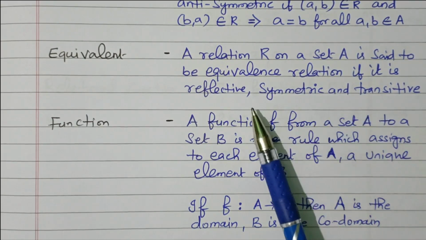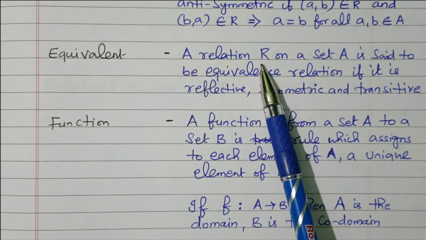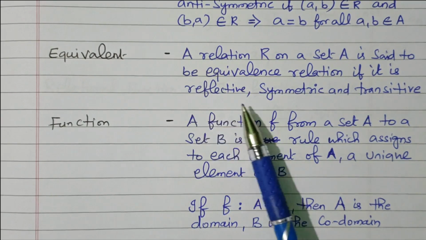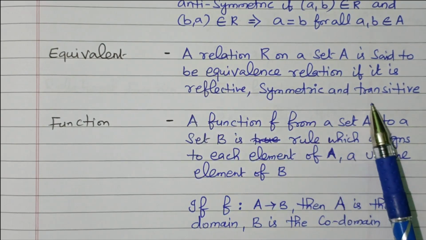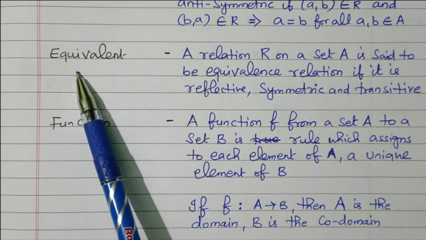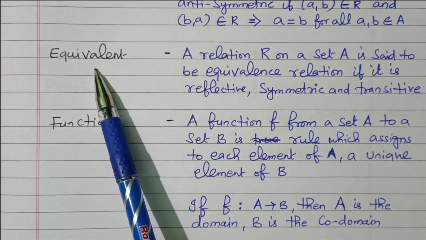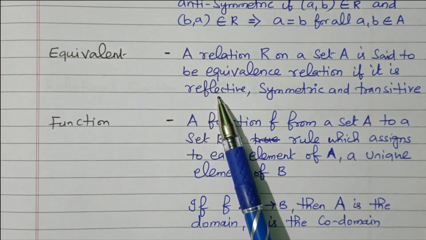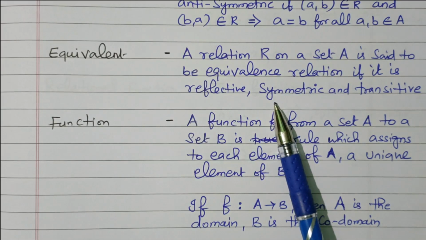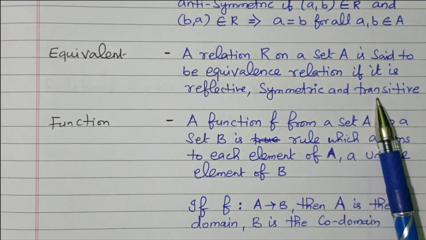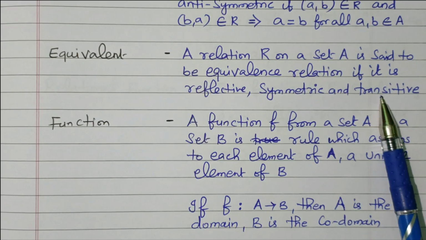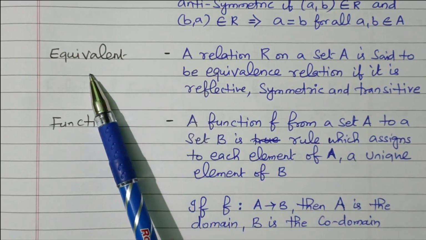So what we discussed earlier, three properties: if the relation R on a set A satisfies the reflexive property, symmetric property and transitive property, then it is called an equivalence relation. Reflexive means all the elements are related to itself. Symmetric means (A, B) in R. Transitive means (A, B), (B, C), (A, C) are all related. If you satisfy all, it is called equivalence.